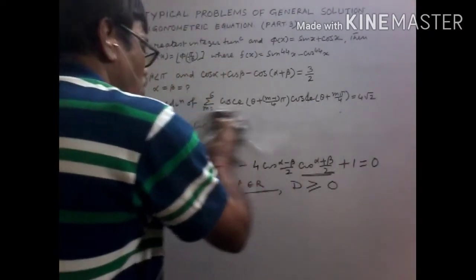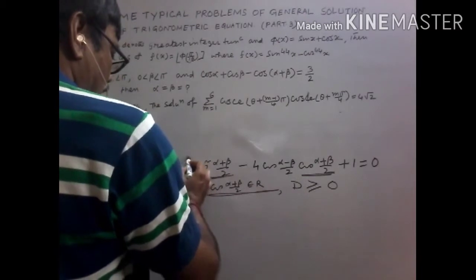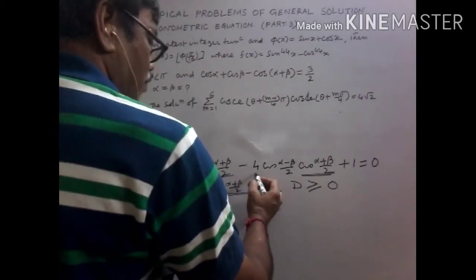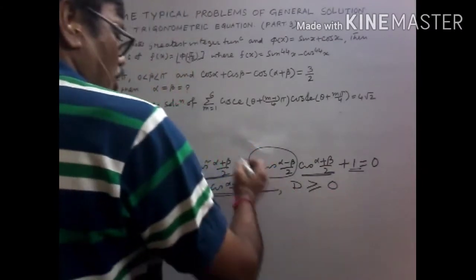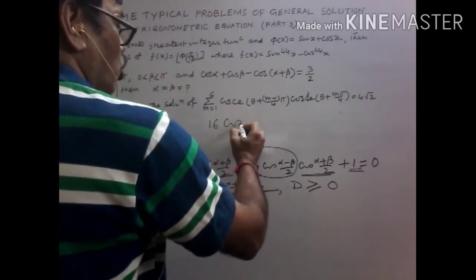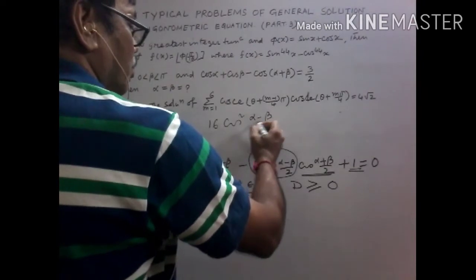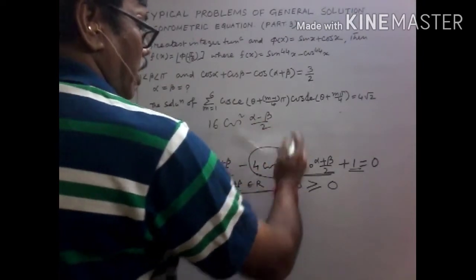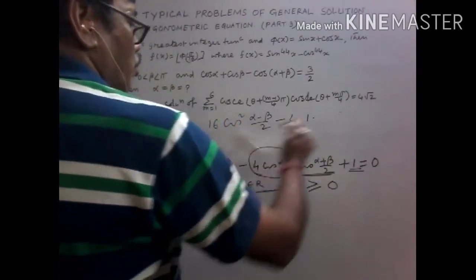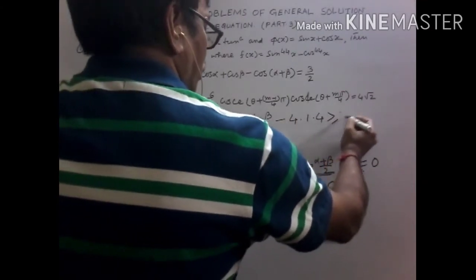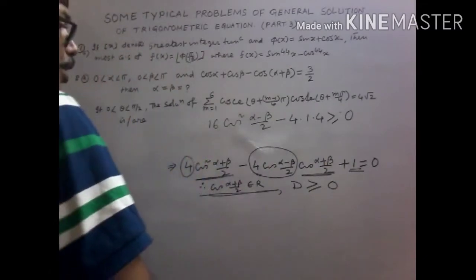So what is the value of D? So look, A is 4, B is this one, and C is 1. So 16 cos²((α−β)/2) minus 4 into 1 into 4 is greater than or equal to 0.